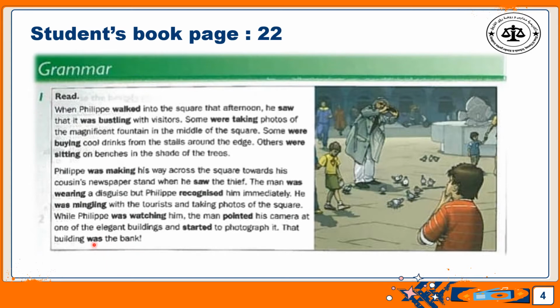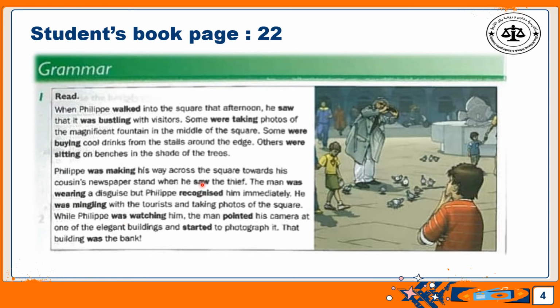We have here was in the simple past, started, pointed, recognized. All these verbs are in the past tense and they are regular verbs. Excellent. But was making, was wearing, was mingling, was watching, they are in past continuous.